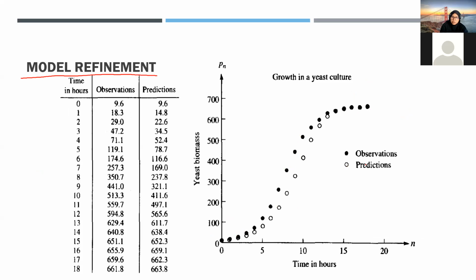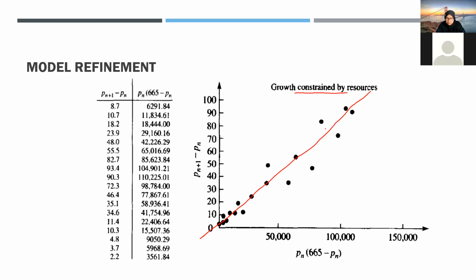So this is the prediction, this is from your model, and this is from your observation, from the experiment or empirical study. Okay, and it looks almost close to the exact values. All right, let me see. Ini apa dia maksudnya?